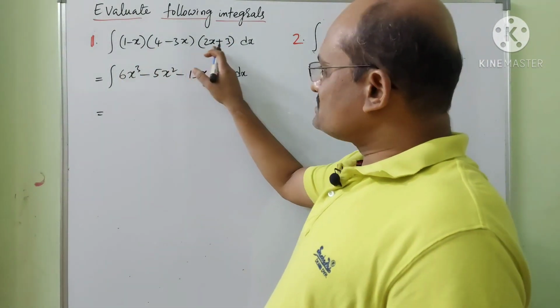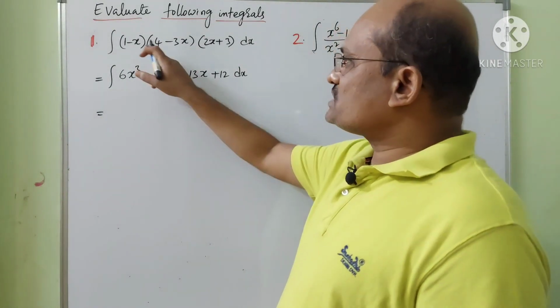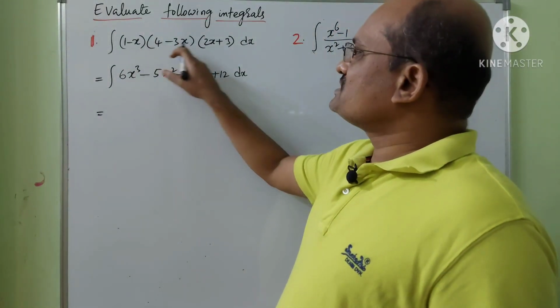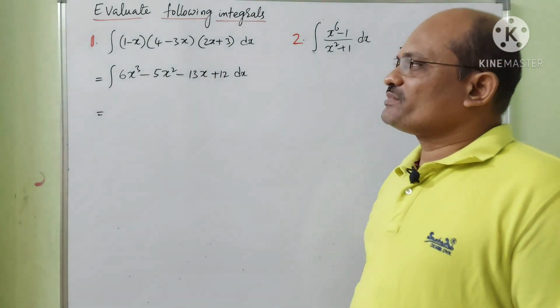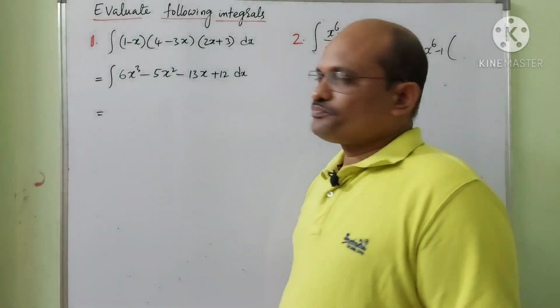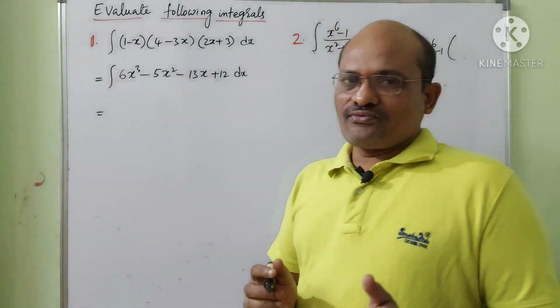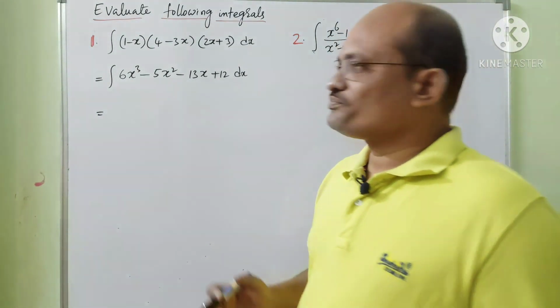If you multiply these 3 linear factors, you will get a cubic polynomial. Now start the integration; here we have to use the algebra of integrals and the standard formulas.